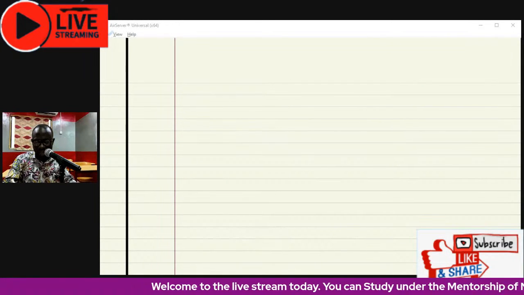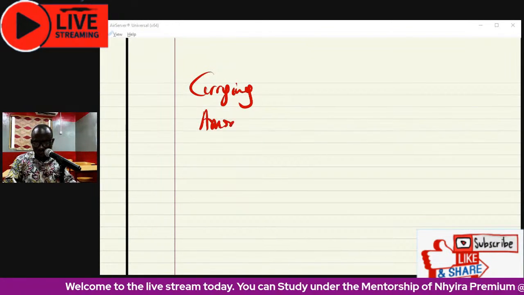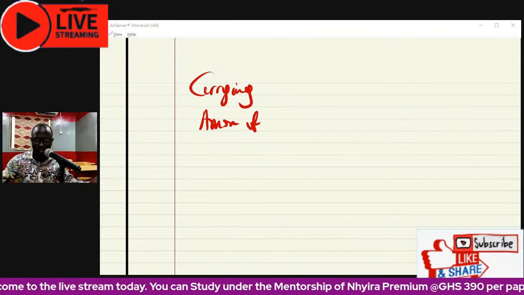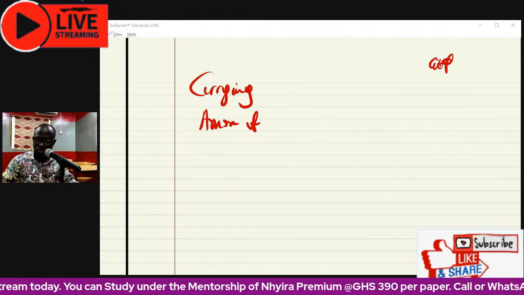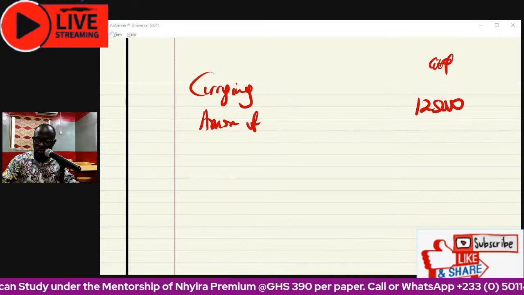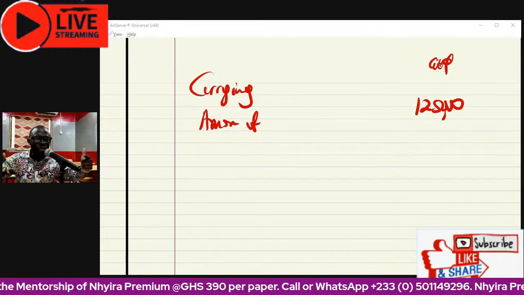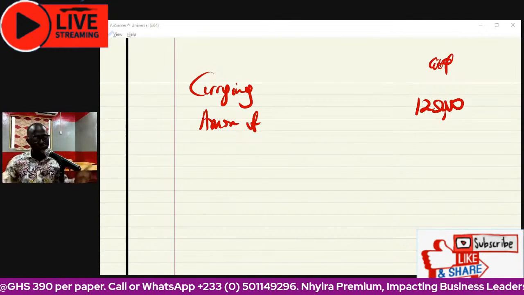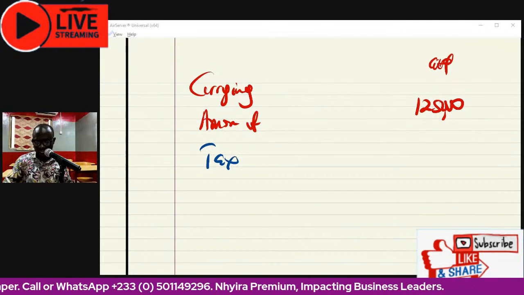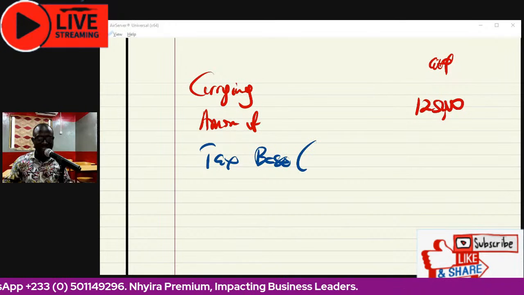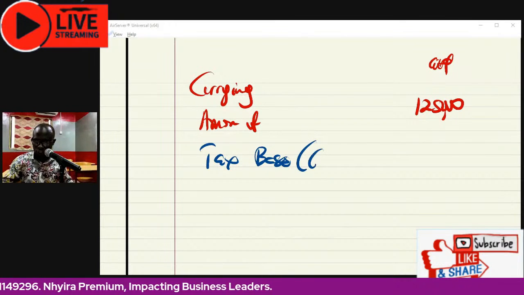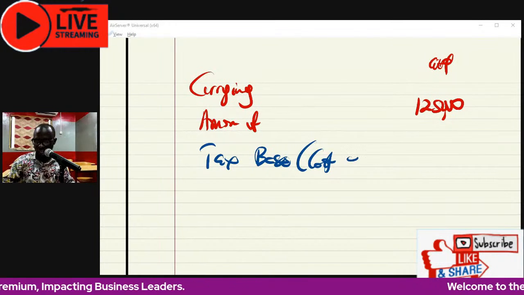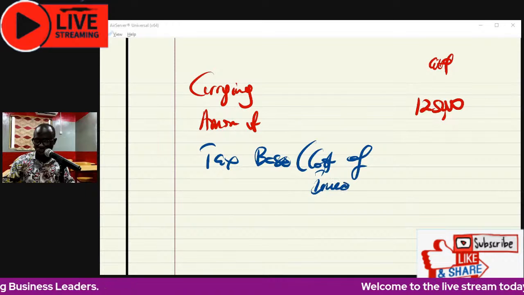So the carrying amount of the investment is 125,000. But the tax authority doesn't look at fair value gain or fair value loss. The tax authority will be recognizing the investment at its cost. So the tax base of this will be the cost of the investment.